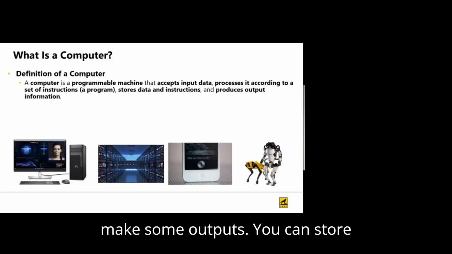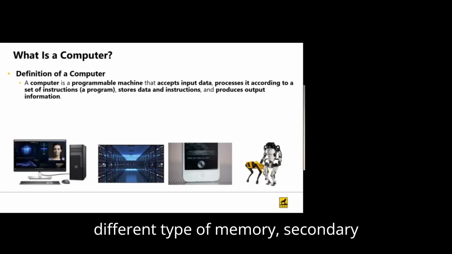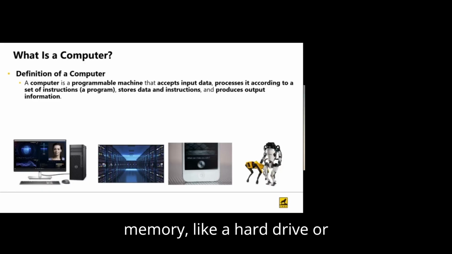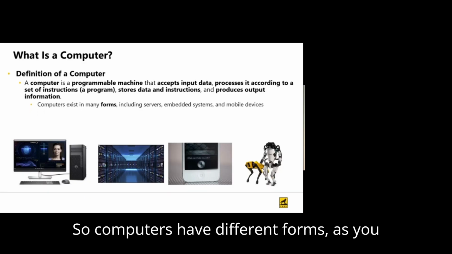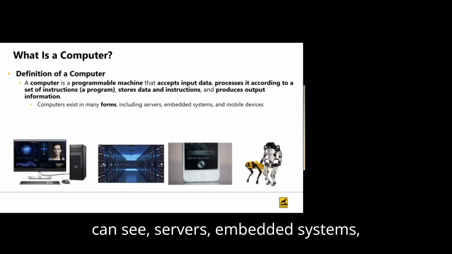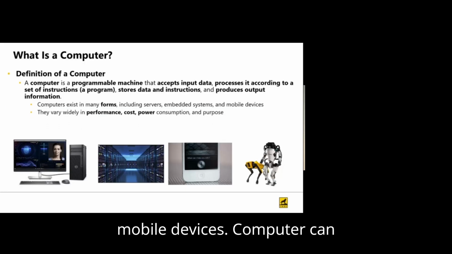You can store information in memory. We have different types of memory, secondary memory like a hard drive, or main memory, and produce output. So computers have different forms, as you can see: servers, embedded systems, mobile devices.